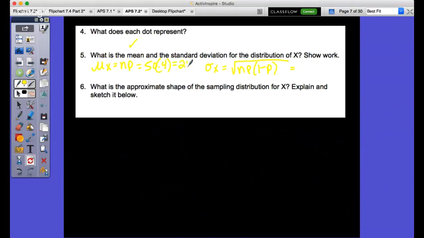So the mean should center around 20 when you look at that on your graph, as far as the number of oranges that are there. And my standard deviation would be a value of 3.46.